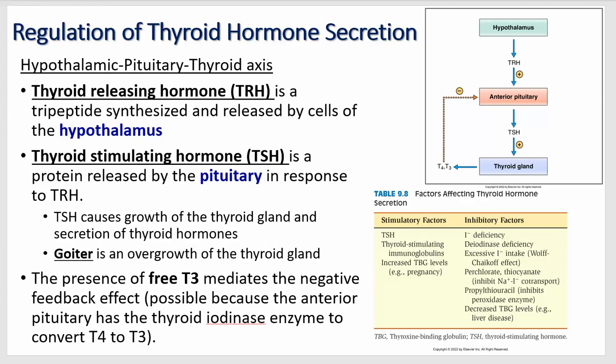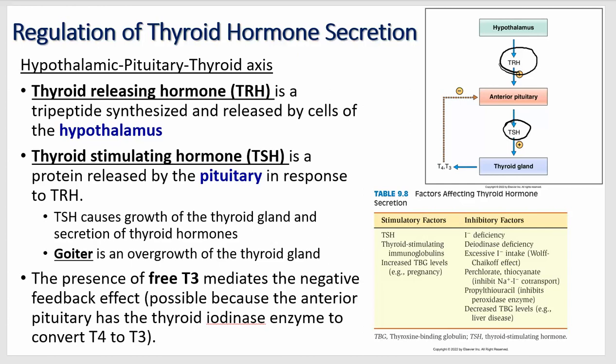So thyroid releasing hormone is a tripeptide synthesized and released by cells of the hypothalamus. Okay, so that's thyroid releasing hormone. And then to stimulate the actual thyroid gland is thyroid stimulating hormone. Okay, and then if there is enough T4 and T3, it will reduce the release of thyroid stimulating hormone. All right. And if there isn't, then you have more release of it.